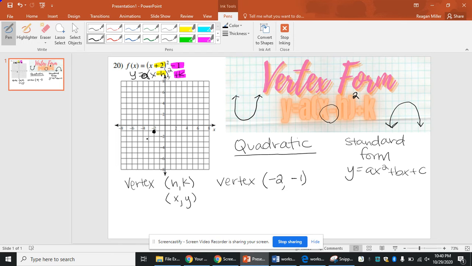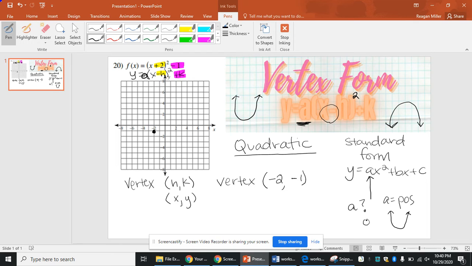Now we also can find out just a little bit more information from vertex form just by looking at it. The A value, whatever number is out front in front of the parentheses, will be the same traditional A value that we had in standard form. And what did the A value tell you in standard form? Well, we know that if A is positive, our parabola is going to open up.